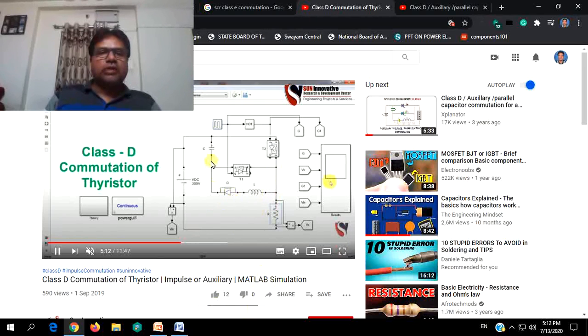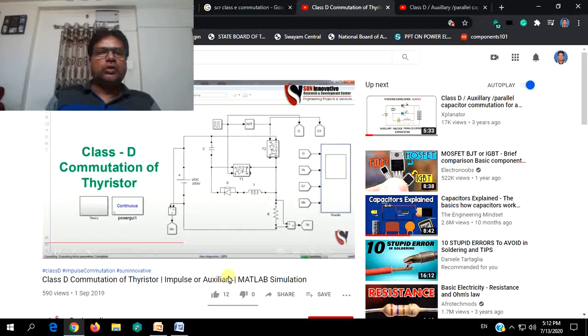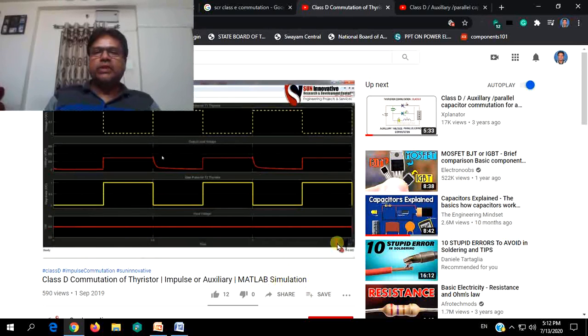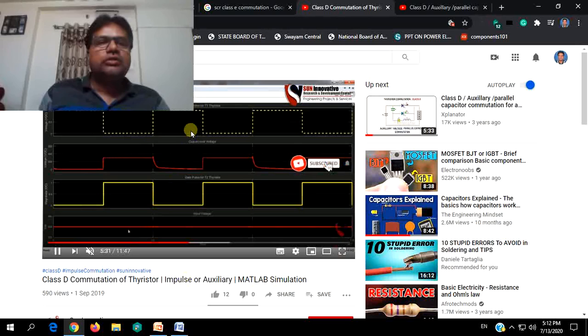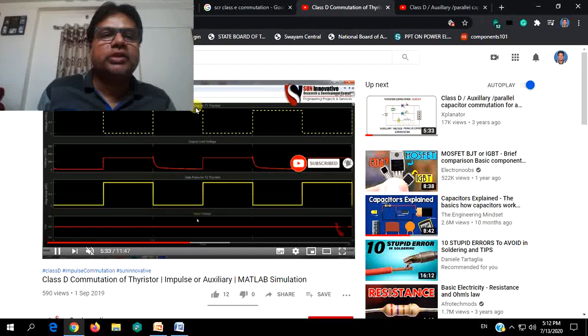So this is what we have discussed: capacitor, main SCR, auxiliary SCR, L, D, and voltage source, and the load. When you run the simulation, we will get the waveforms and various gate and other voltages. This is the gate pulse for the main SCR, and the load output voltage.